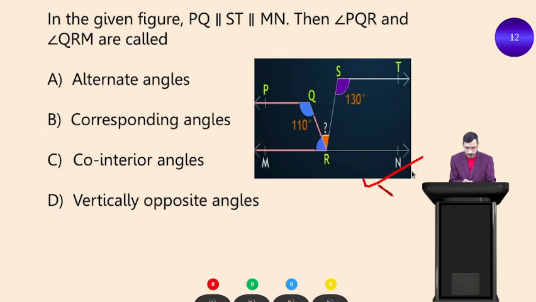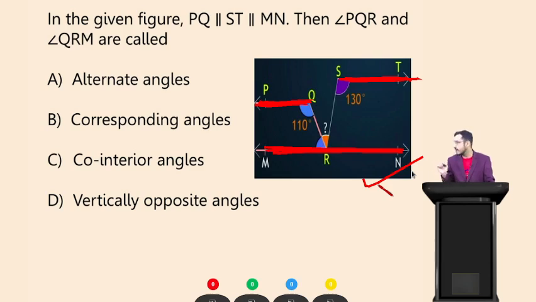PQ, ST and MN, all three lines are parallel. Okay students, time's up.